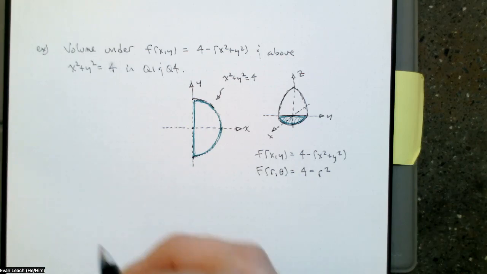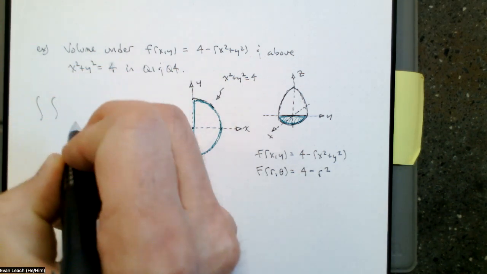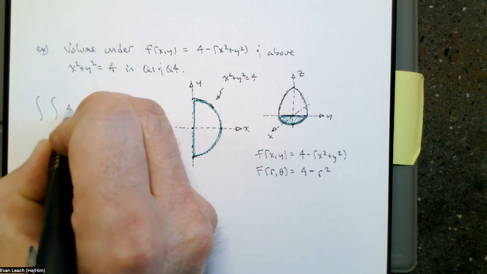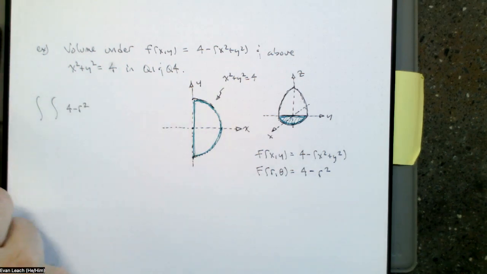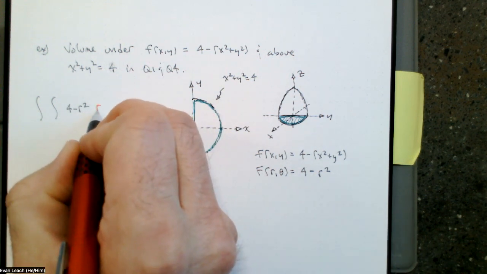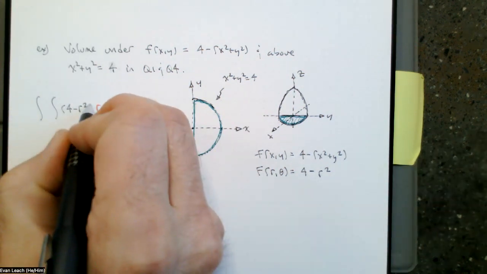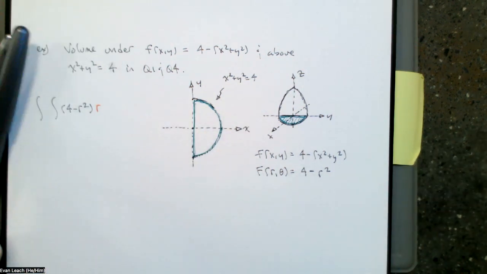So when we go to set up our double integral, I'm going to integrate 4 minus r squared. That's my function. But the dA part has an extra factor of r. That's what's going to turn d theta into a distance so that dA will be an area.